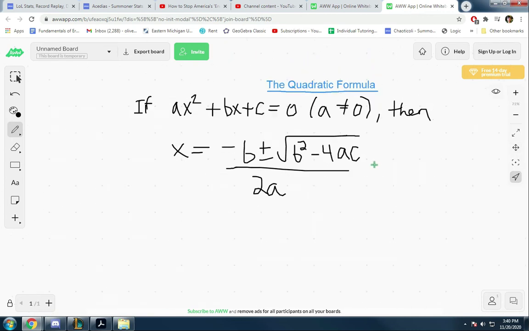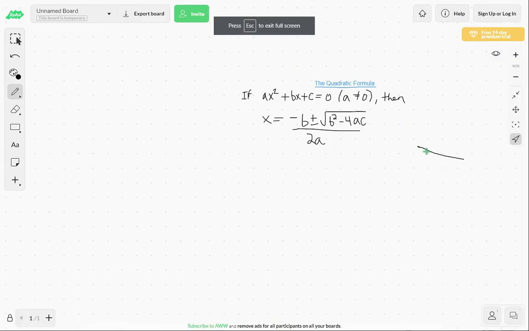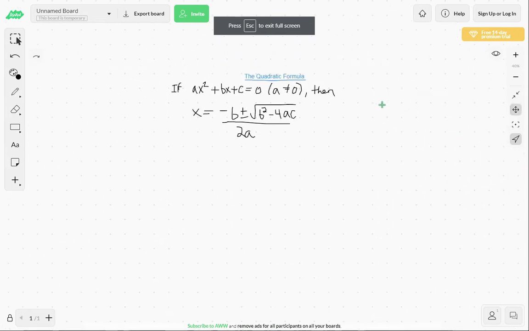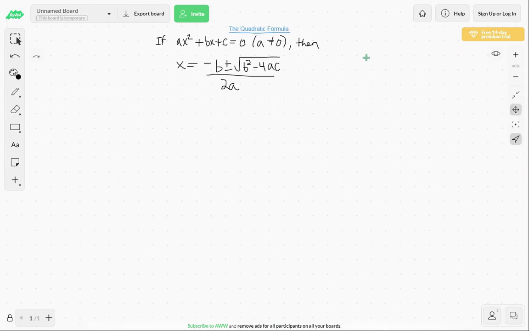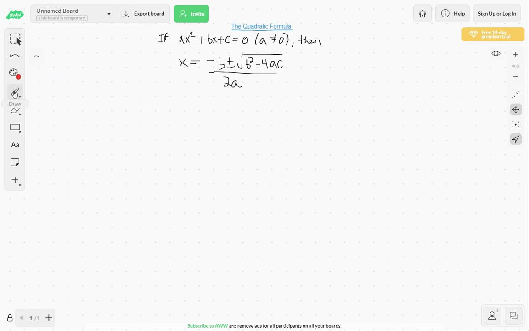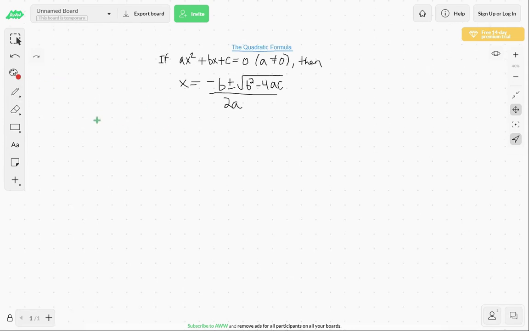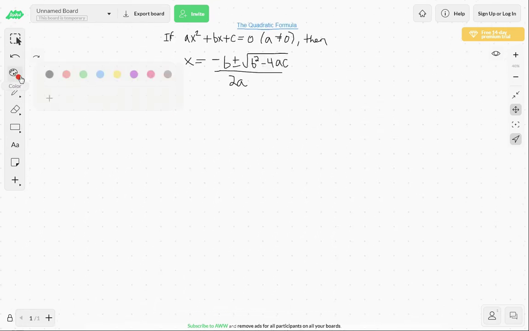Now I'm going to zoom out, pan out, and we're going to prove this thing down below. So let's do that. I know you don't see a whole lot of proofs, but they're not too bad once you start to prove some things in math. So proof, and this is a little bit informal, but basically we start off with the original equation.